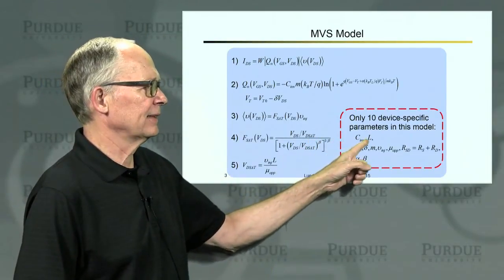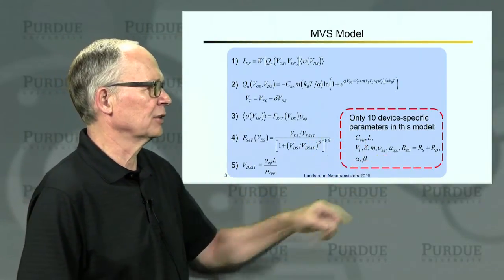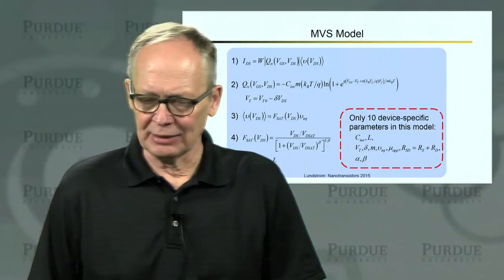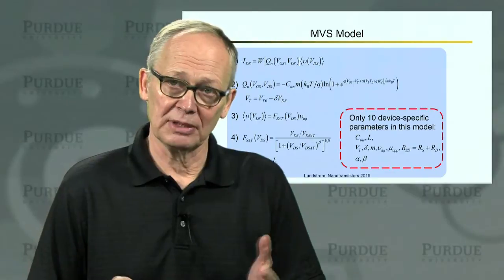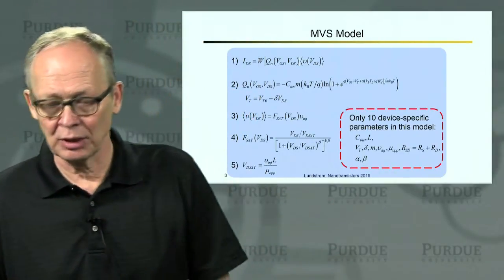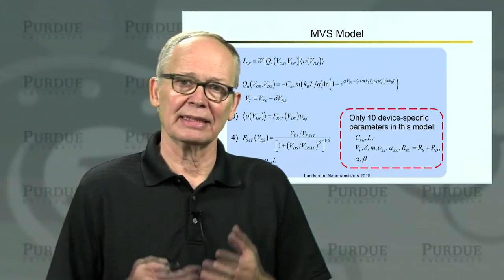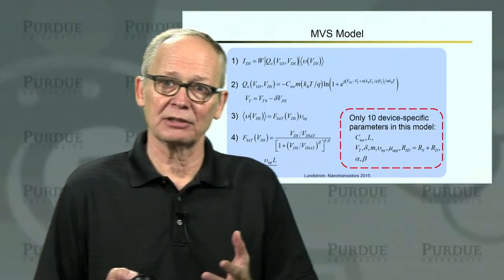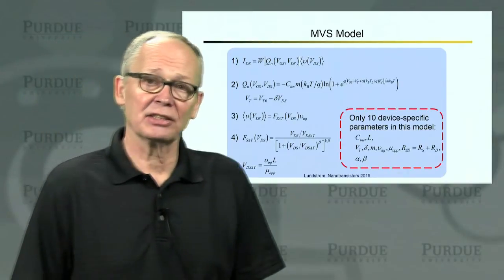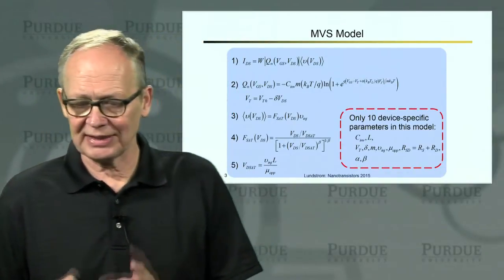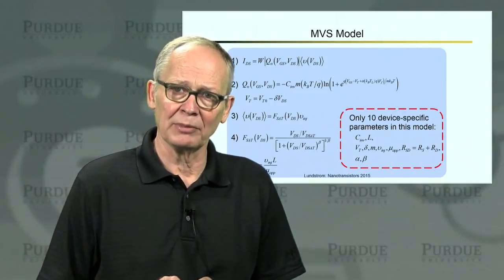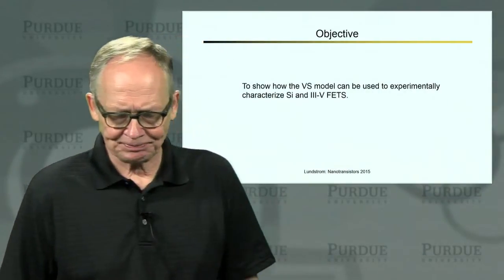But the capacitance, channel length, and the other parameters have a clear physical meaning that we either input, like the channel length must be known, the gate capacitance must be known, or we extract. The key parameters that we're going to extract are the apparent mobility and the injection velocity, and the series resistance too. So the fixed series resistance of this device is also an important parameter that can be extracted.